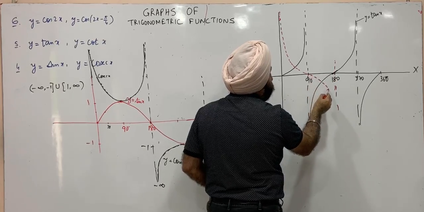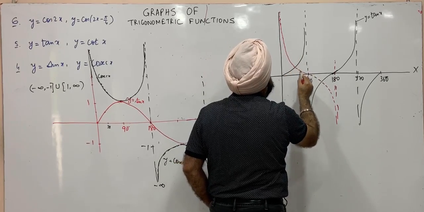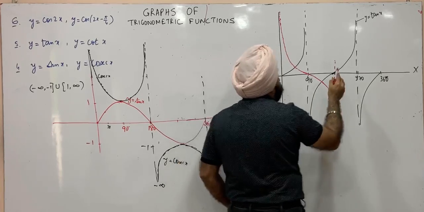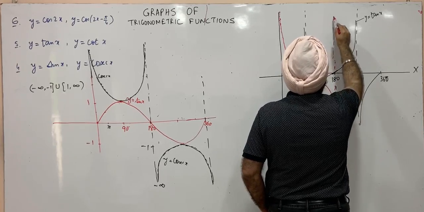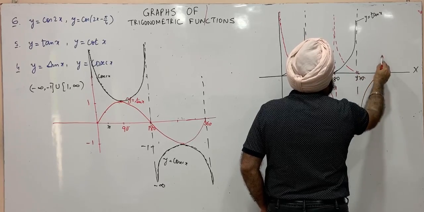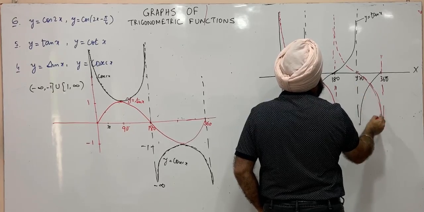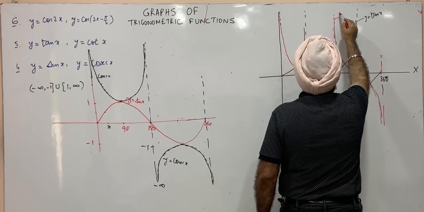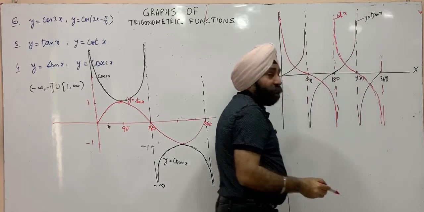This is the graph of cot of x. And same here. After this it will be like this. At 360, cot will be infinity. So this is the graph. In red color is the graph of the reciprocal of tan x, that is cot of x.